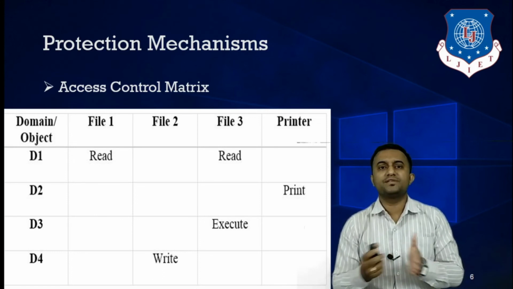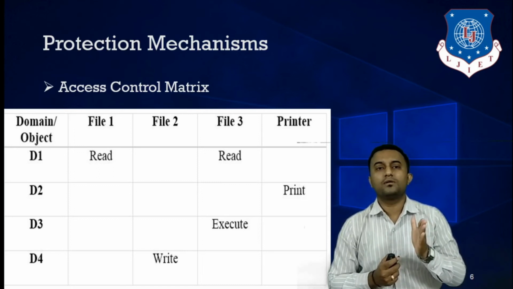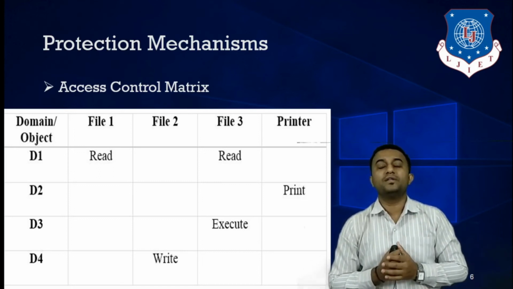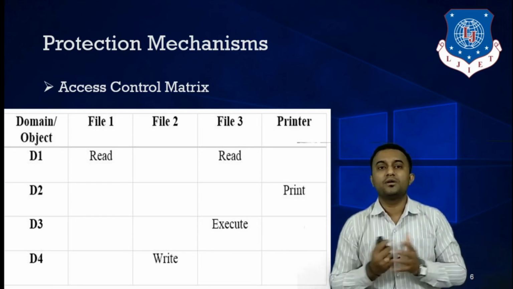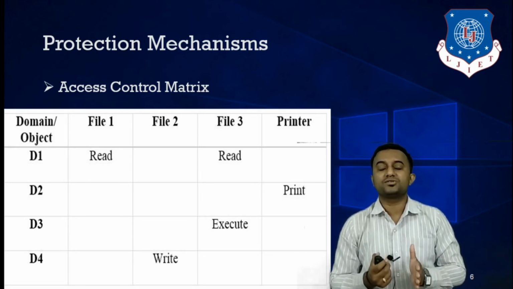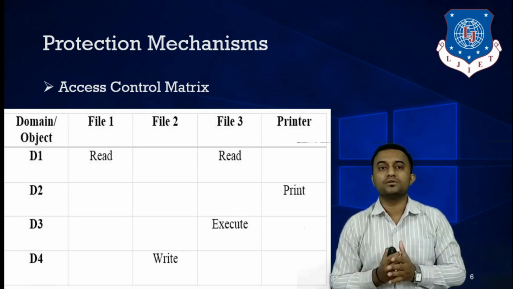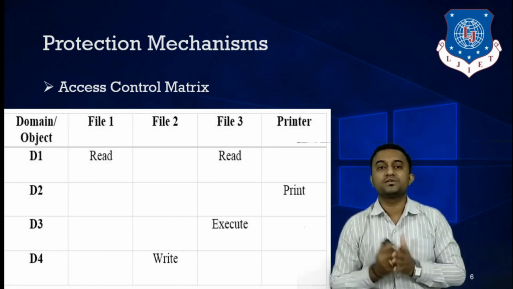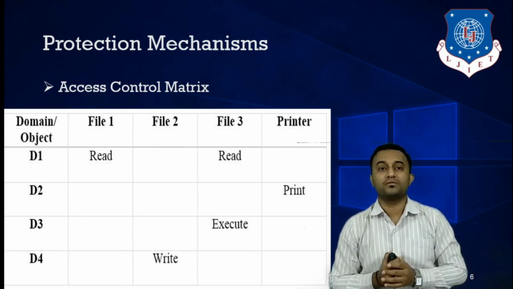So there are various departments, and according to the role of the employee in a different department, the system administrator provides different privileges, or we can say access rights, to those users, or employees, based on their roles in the organization.